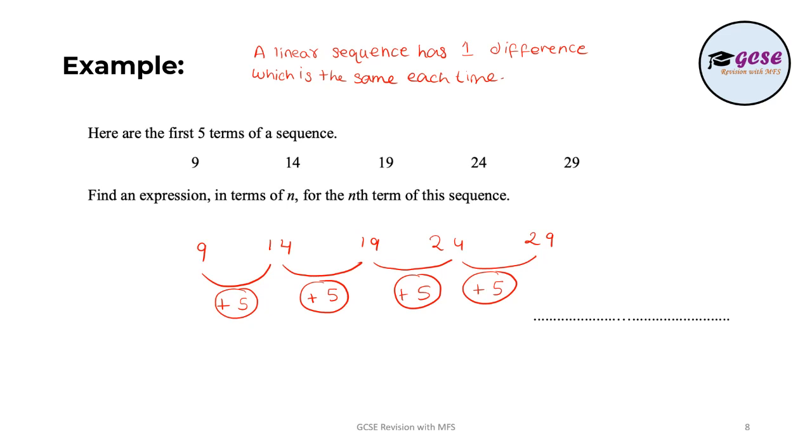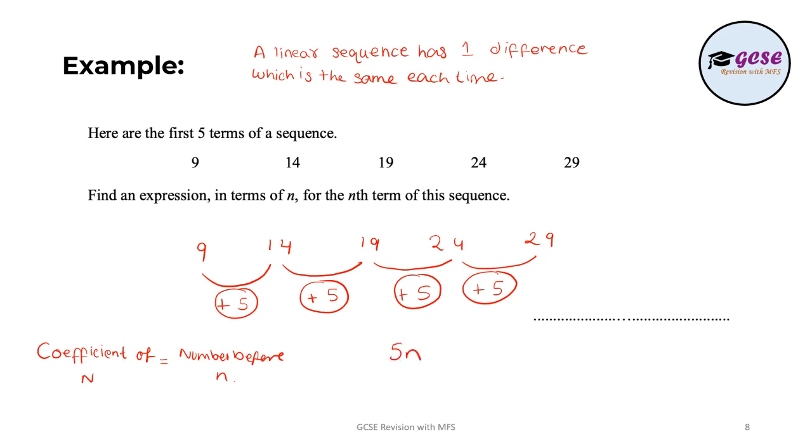As you know, nth term always has an n in it. Now this plus 5 is the coefficient of n. Now coefficient means the number before n. So coefficient of n just means the number before n.